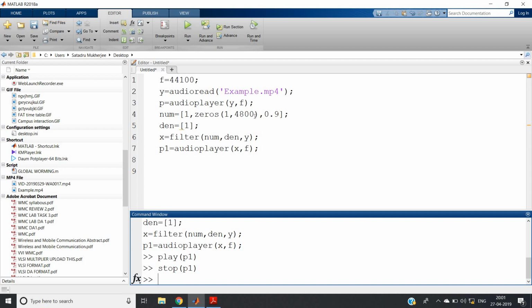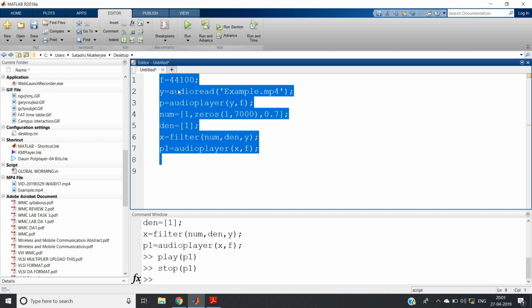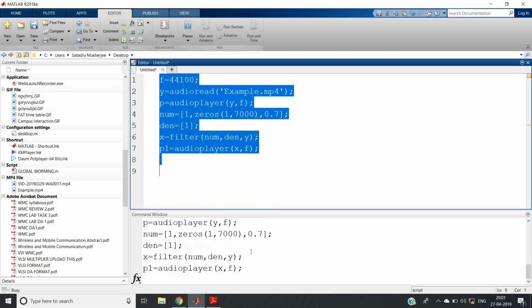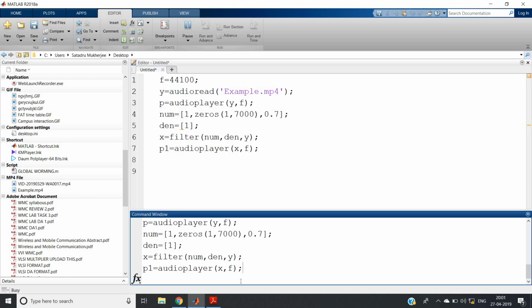Now if you want to change some more, you can increase the delay and you can change the attenuation factor according to your choice. In this way you can play with Matlab. So evaluate selection. Again it will take some time. Now play P1.